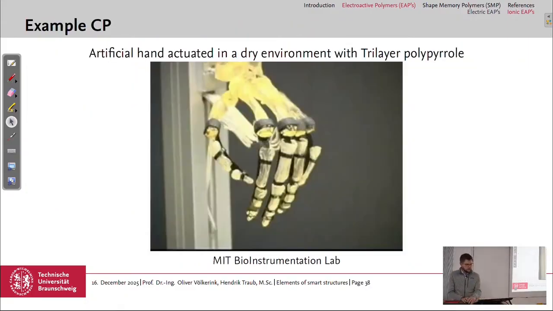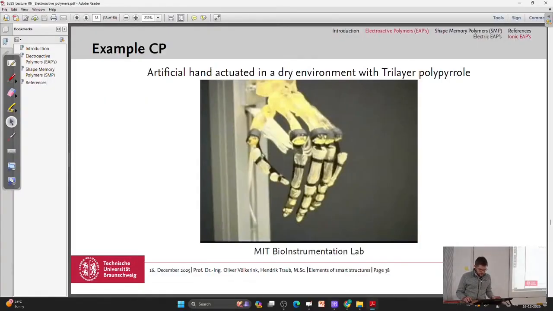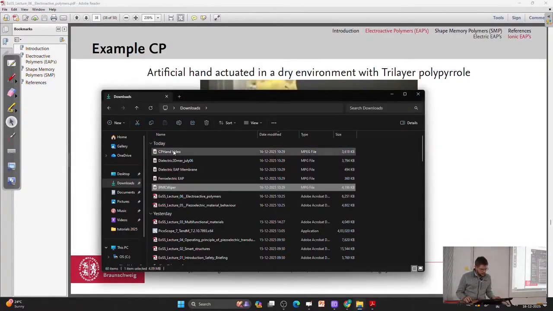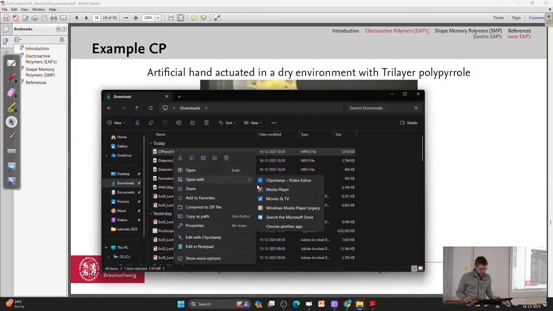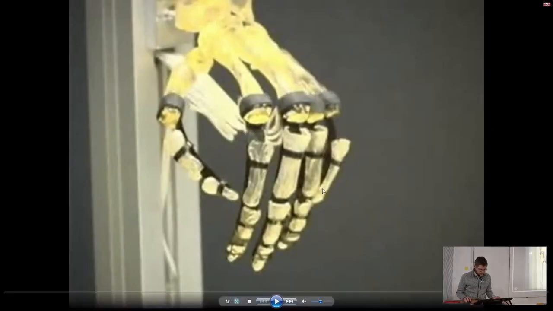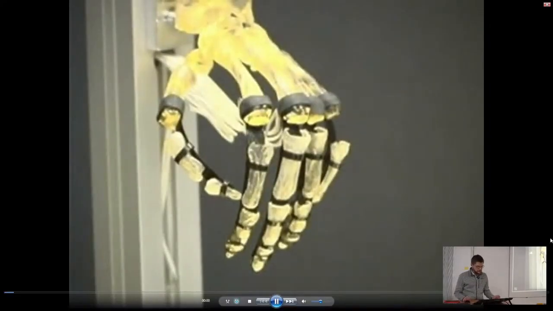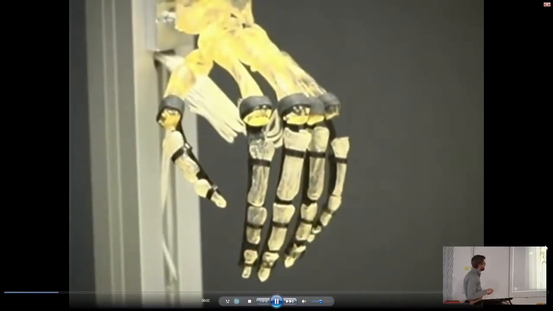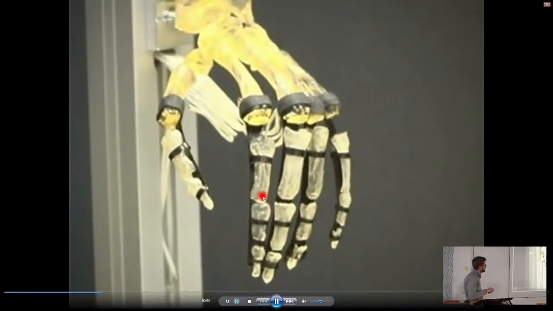But from these conjugated polymers, we can also build actuators, and now it's maybe clear why we say artificial muscles to it. So here are actuators from the conjugated polymers.